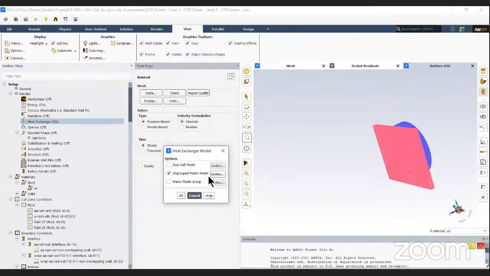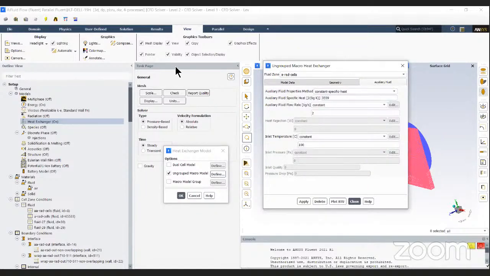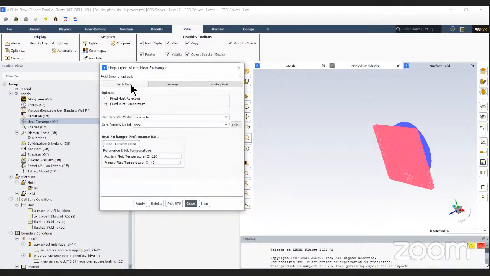Now, heat exchanger models can be a separate topic in themselves, so I'm not going to delve too much into the depths of it. But basically what you do is you divide the heat exchanger zone into macros and tell Fluent the inlet temperatures of the auxiliary fluid, being the coolant that is entering the radiator, and the primary fluid, being the air, okay?